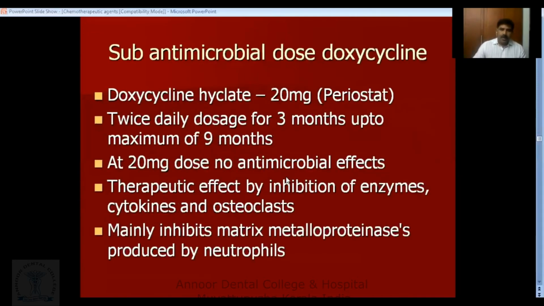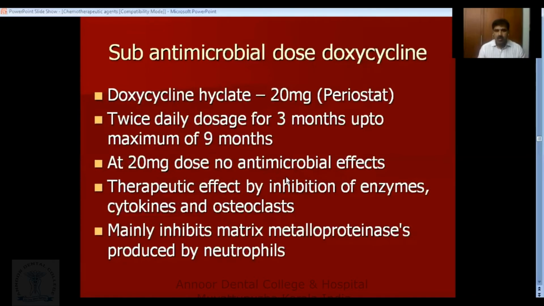Okay. Third, and the most common host modulation therapy that is clinically available, is known as sub-antimicrobial dose doxycycline. Here you use 20 milligram doxycycline. You all know that usually we give doxycycline as a 100 milligram tablet for its antibiotic use.